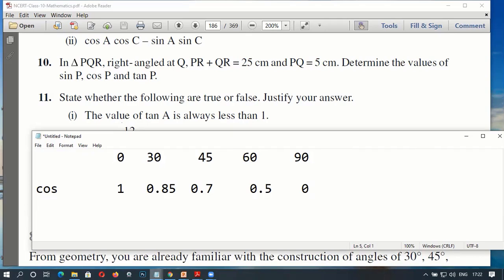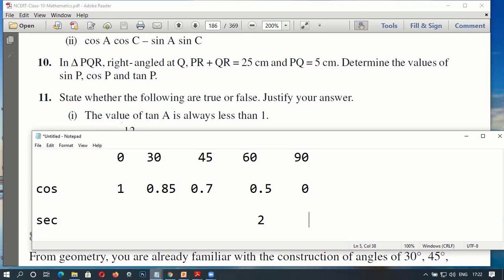But when you go to sec, it is the reverse of that. Reverse of that means what? This becomes 1 by 1, this becomes 1.8, 1.6. It goes up to here, 2. But what is sec 90 here? What is sec 90?